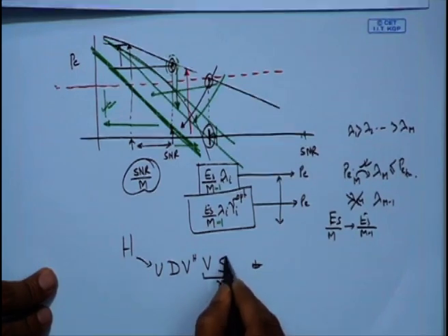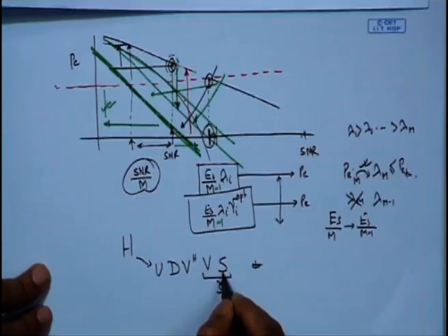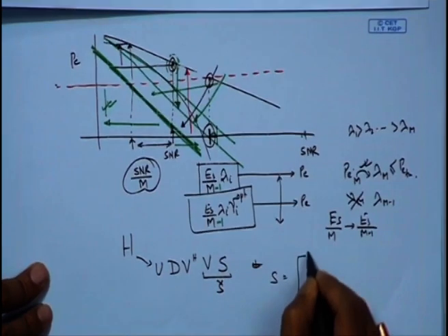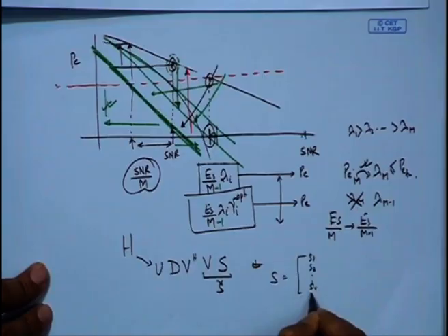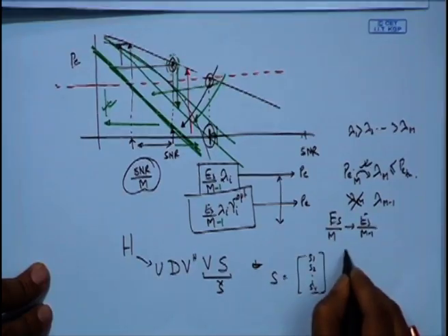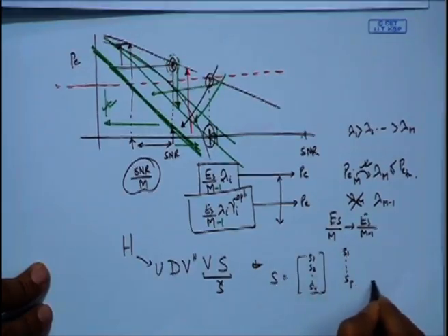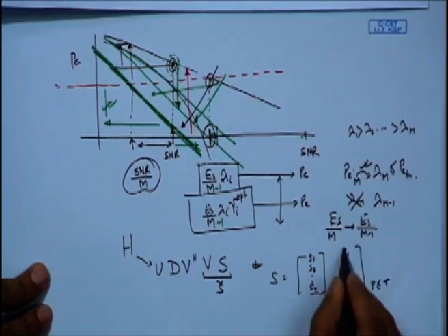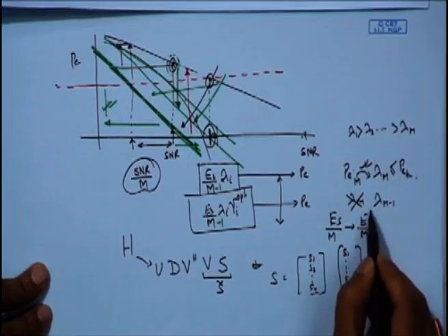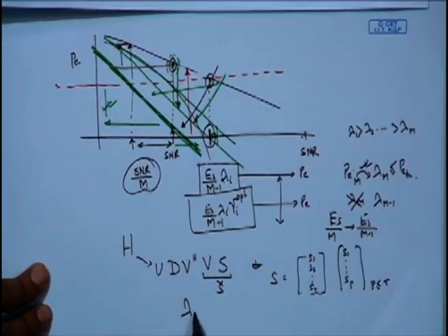So, instead of sending R streams, that means instead of S being equal to S1, S2 up to SR, where R is the rank of the matrix, we would rather send S1 to SP, where P is less than or equal to R, so that the lowest eigenmode, lambda P, ensures that we would have Es by P number of antennas times lambda P times gamma P opt.